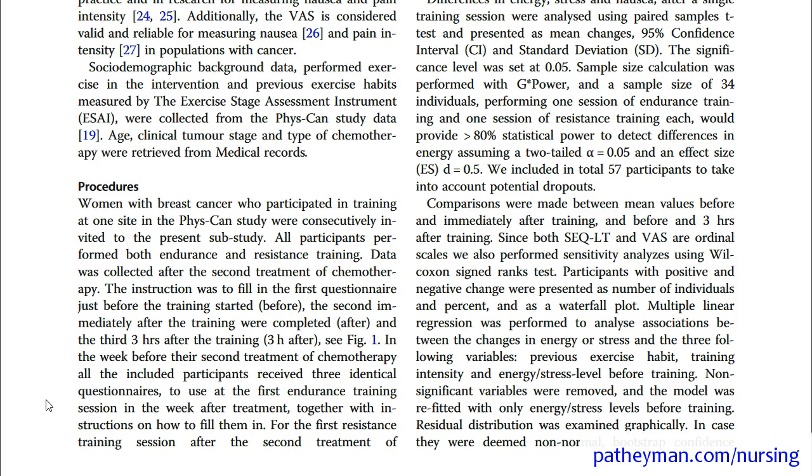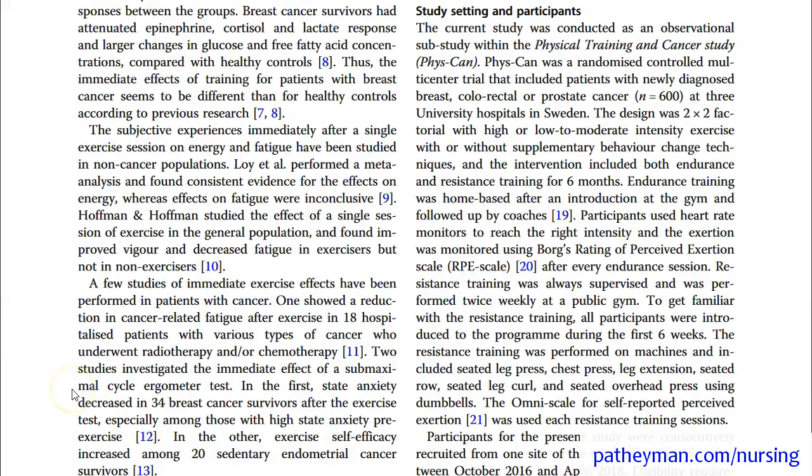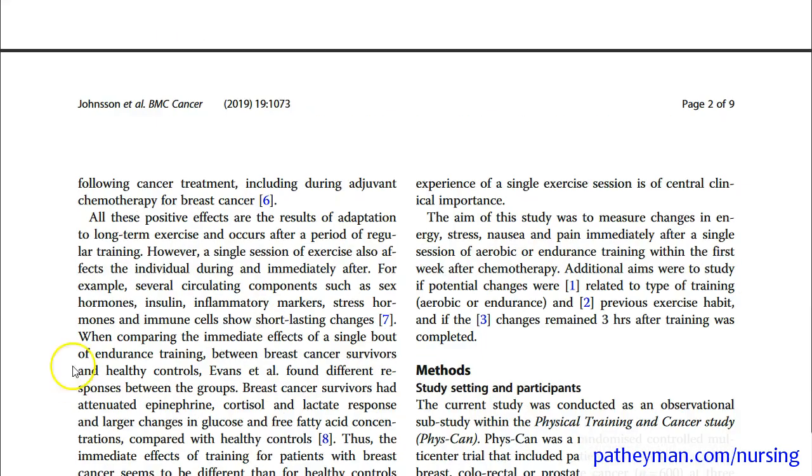And then they also wanted to know something else. Which one was it? They wanted to know how their previous exercise habit also affected things. So you've got basically four study factors, things that they are interested in knowing about that could affect those 4 response variables.